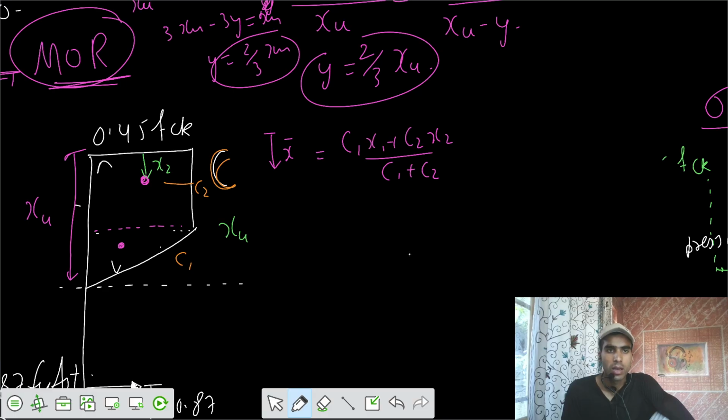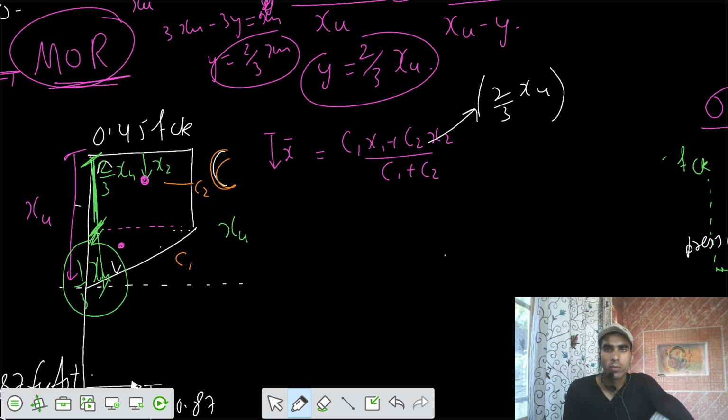The rectangular part was 2/3 of xu, and this was 1/3 of xu. So x2 equals 2/3 of xu, with the centroid acting at 1/2 of that.